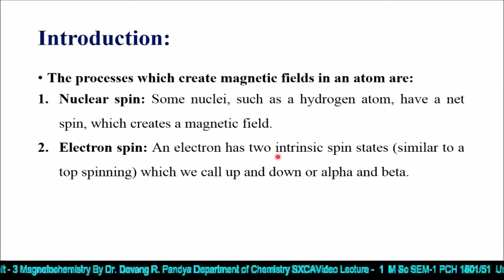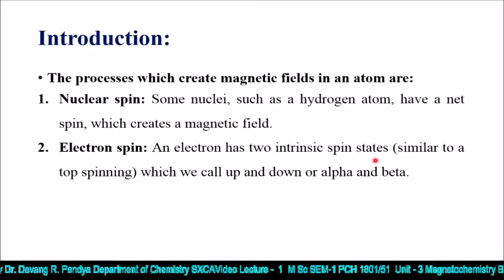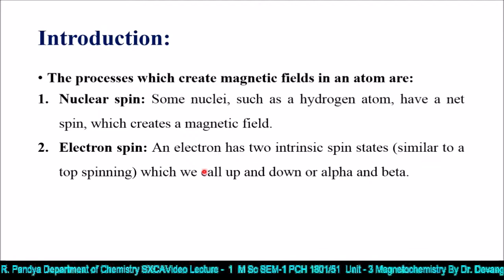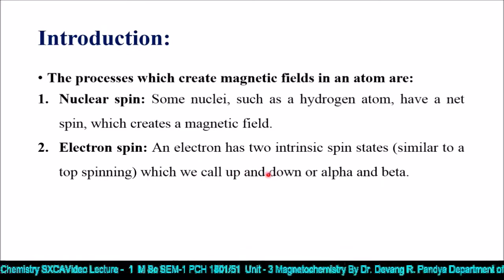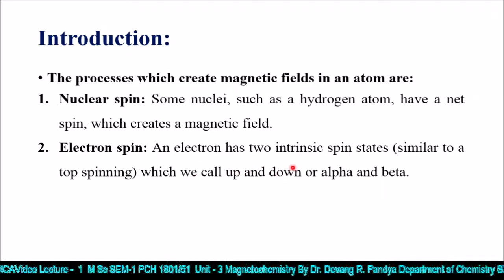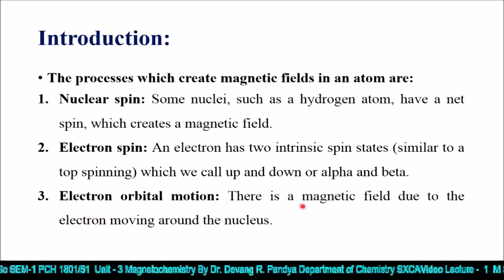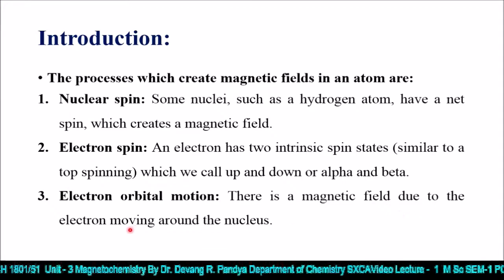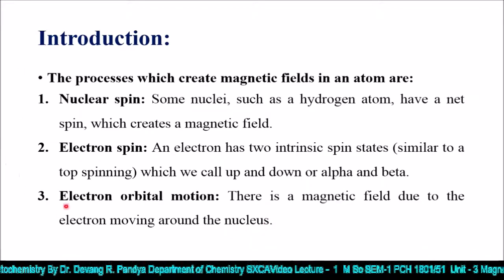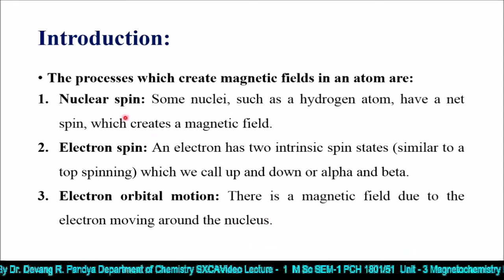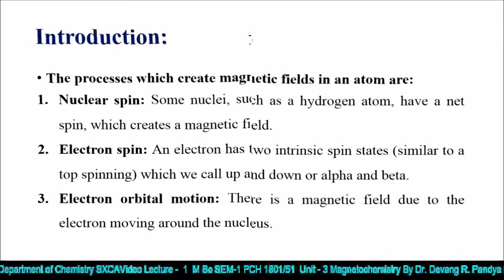An electron has two intrinsic spin states, upward and downward, clockwise and anti-clockwise, similar to a spinning top, which we call up and down, or alpha and beta spin. Third, electron orbital motion. There is a magnetic field due to the electron moving around the nucleus. So these are the three ways through which a magnetic field is generated in any material.